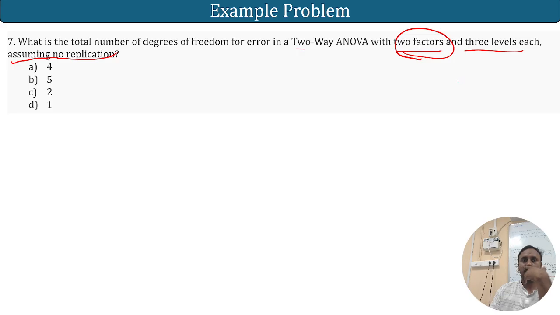Four, sir. Four? No. How come? Three levels each, assuming no replication. A, B, n minus 1. Two-way ANOVA, two factors, three levels each, and there is no replication.